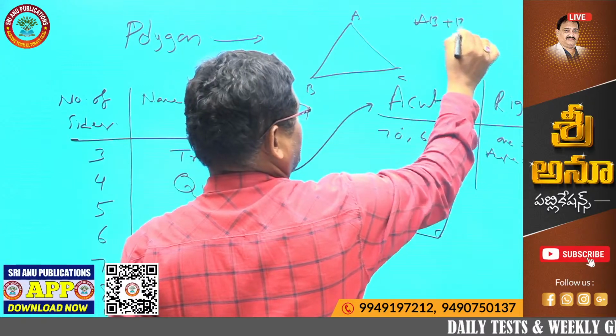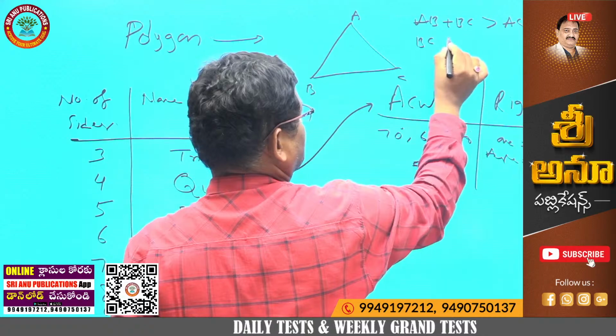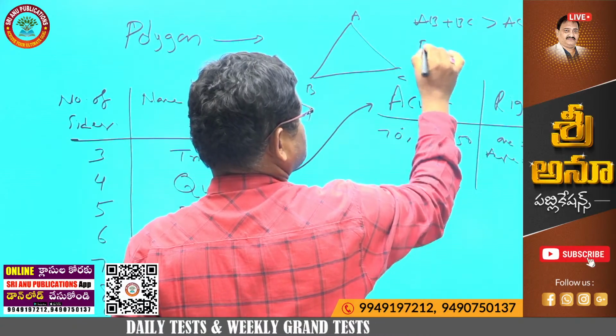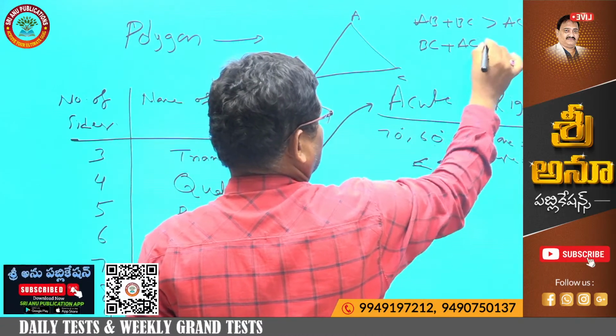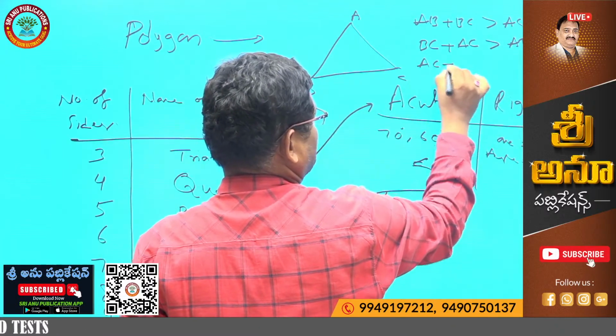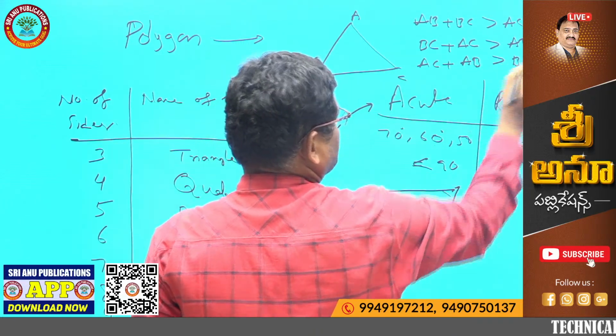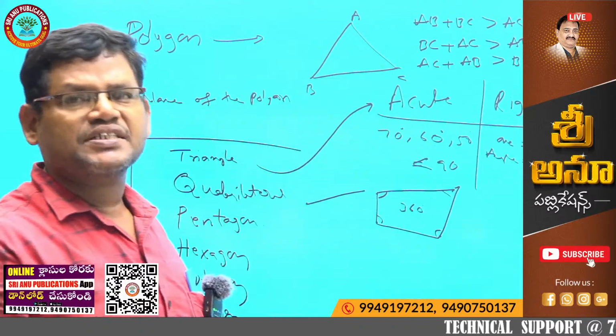AB plus BC is greater than AC, or else BC plus AC is greater than AB. Next, AC plus AB is greater than BC.